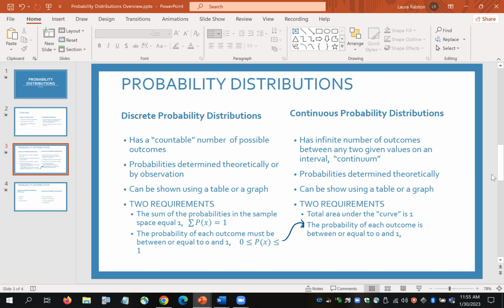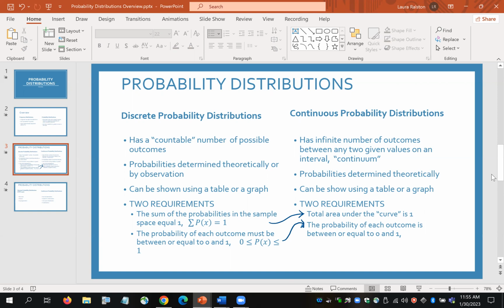The one that's a little wonky is this idea that the sum of the probabilities in the sample space have to total 1, because instead of thinking about it as a numeric value, we begin thinking about it as the area under the curve or the area under the graph of the distribution.